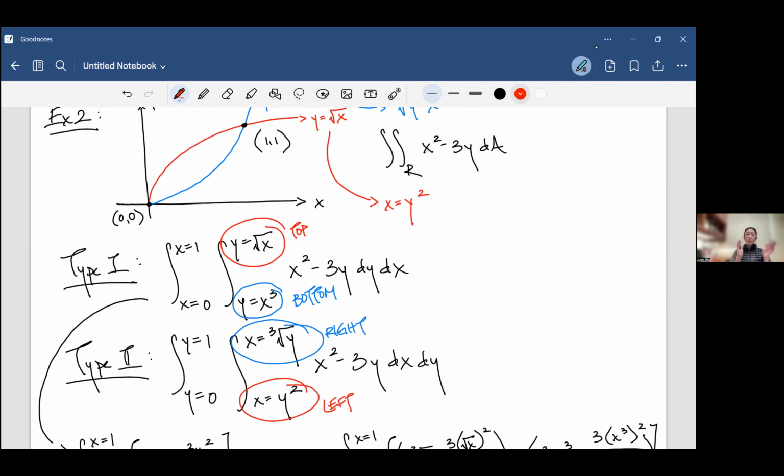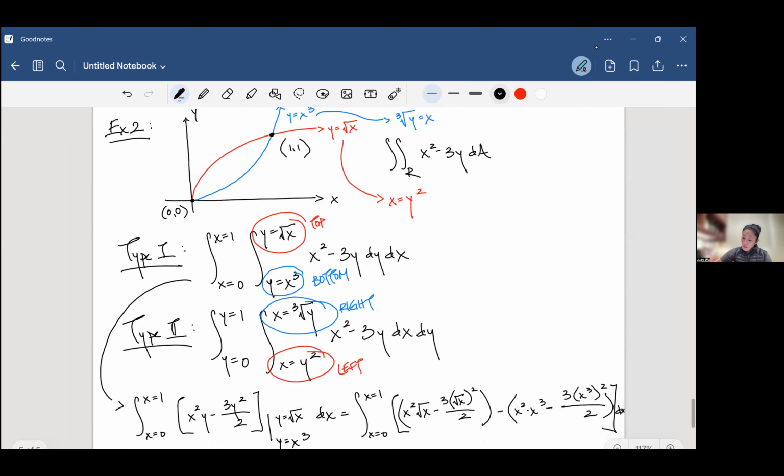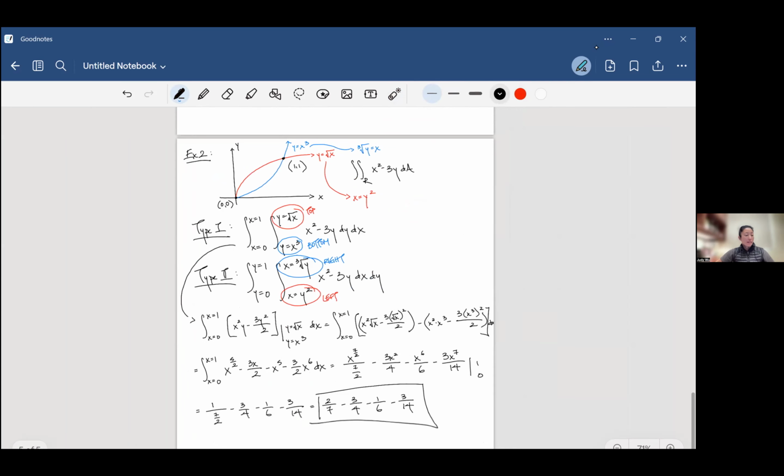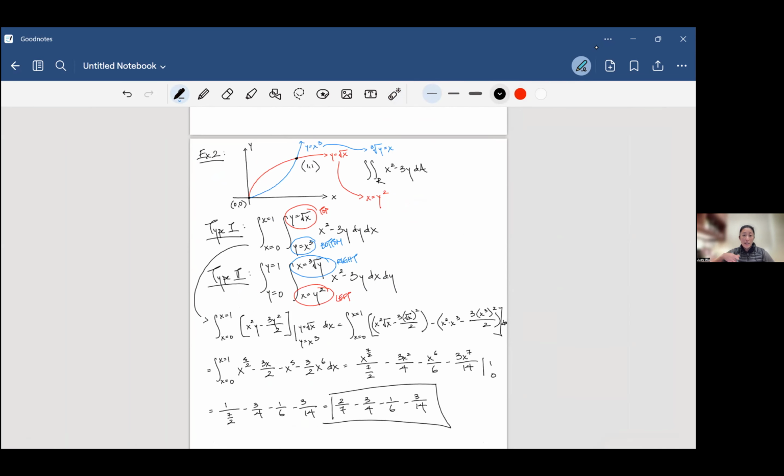Okay, so we're not really looking for a top and bottom with our dy. We actually want to go across, and when we go across, we're going from the right function to the left function. Okay, so let me get this all on one screen for you, but here's an example of a type 1, type 2 setup for a general region.